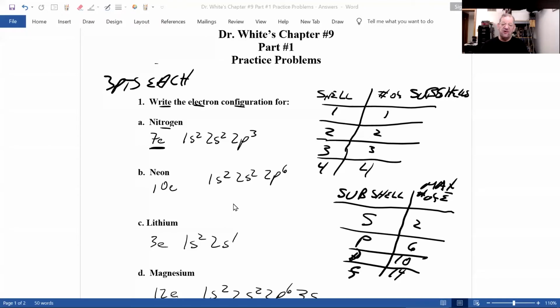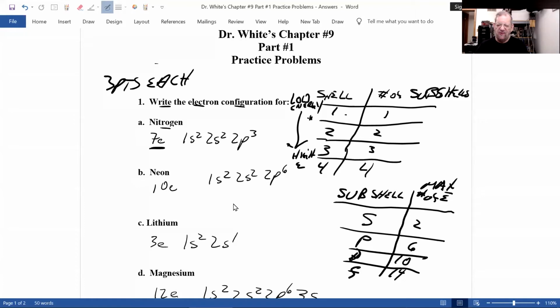And I'll give you that tables, but just to remind you, so how do you do that? Remember, and this you have to remember, you always fill from the lowest to the highest.